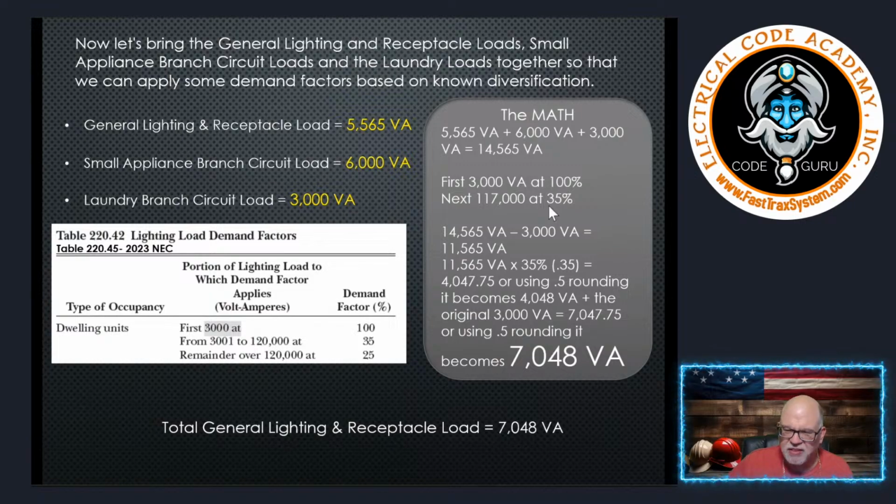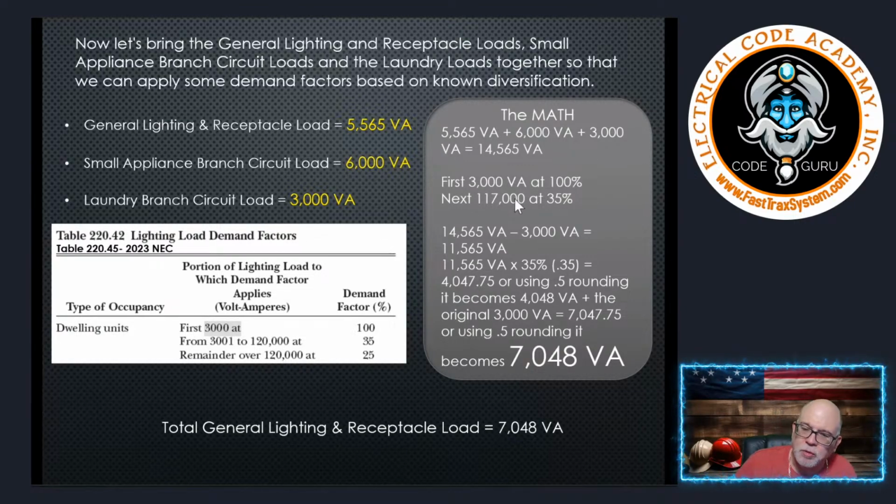If you were doing a massive house with any additional VA over 120,000, you're able to reduce that by 25%. So you stack the effect, and it really gives you a good demand factor for these dwellings. But in our case, we only have the first 3,000 at 100%, and then from 3,001 up to 120,000. We're going to fall in the 35% factor.